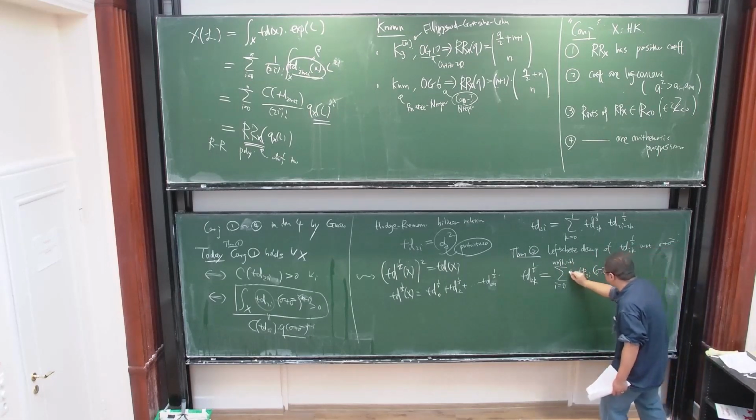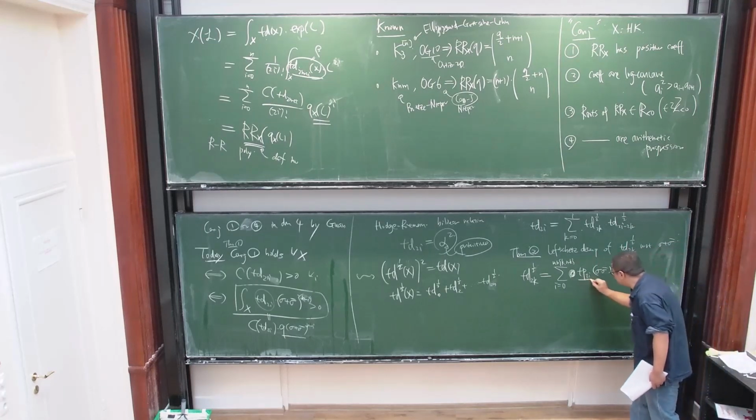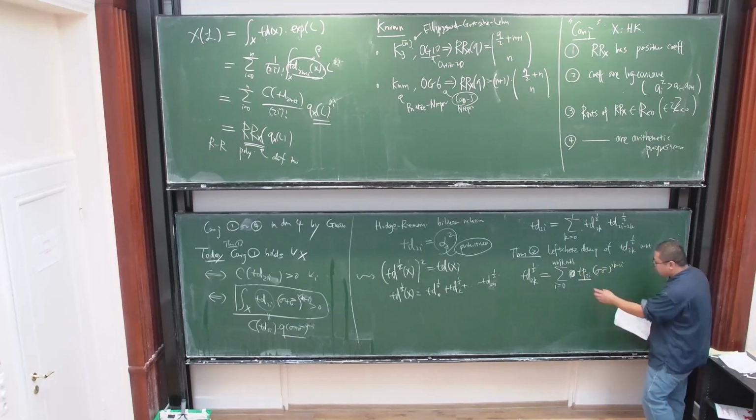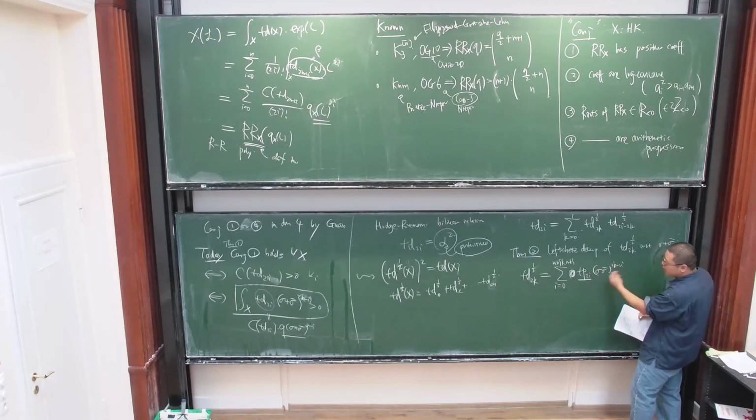And here is some coefficient. And this is the primitive part we are looking for, right? So you can view this as a wave Kähler class, right?